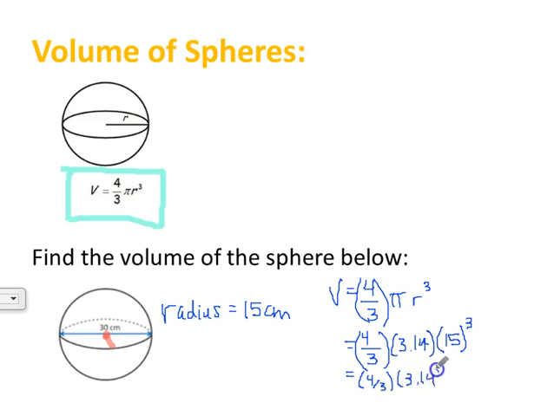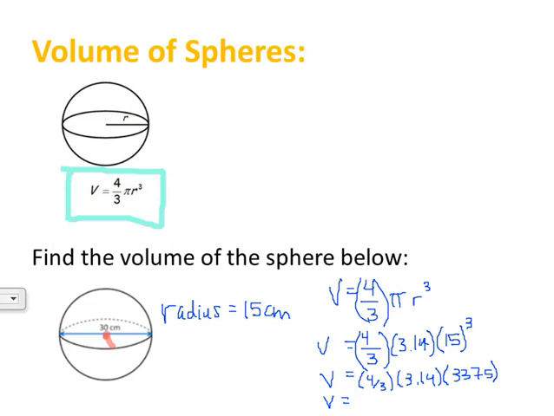And when I do 15 times 15 times 15, I get a pretty big number, 3,375. And what I'm going to do right now is I'm going to plug into my calculator 3.14 times 3,375, and I get that answer, and I'm going to multiply it times 4/3.